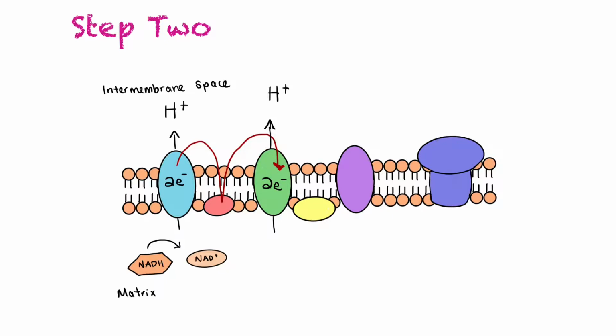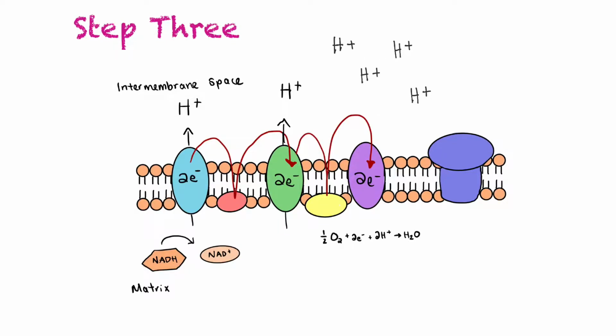And as before, some of the energy gained by that next carrier protein as a result of being reduced is used to pump hydrogen ions from the matrix into the intermembrane space. Eventually, a concentration gradient of hydrogen ions is established in the intermembrane space.